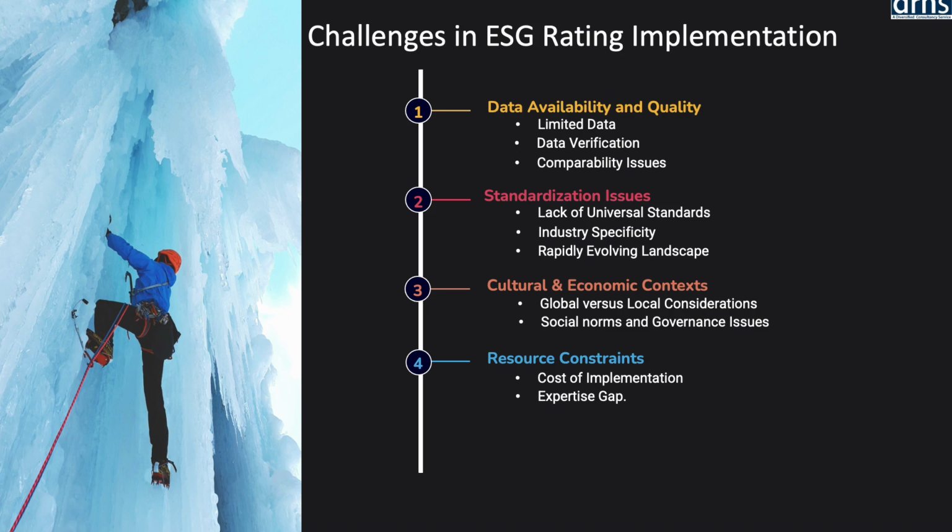Now, next is a very important point: how to overcome the challenges. Despite these challenges, efforts are underway to improve the effectiveness of ESG ratings. This includes two or three initiatives. First is standardization. Organizations are collaborating to develop more standardized ESG reporting frameworks and rating methodologies. The next is data aggregation and verification. Improved data collection platforms and independent verification mechanisms can enhance the quality and reliability of ESG data.